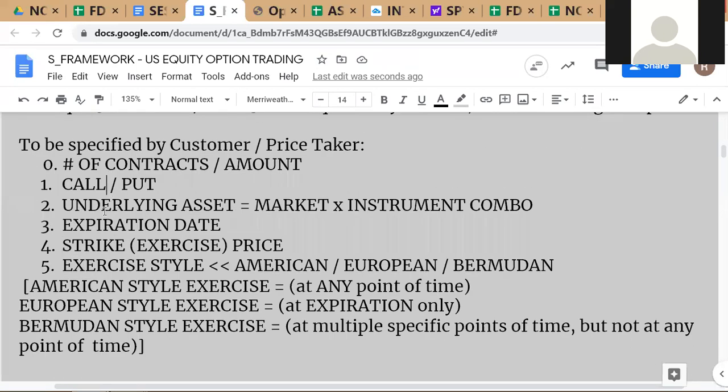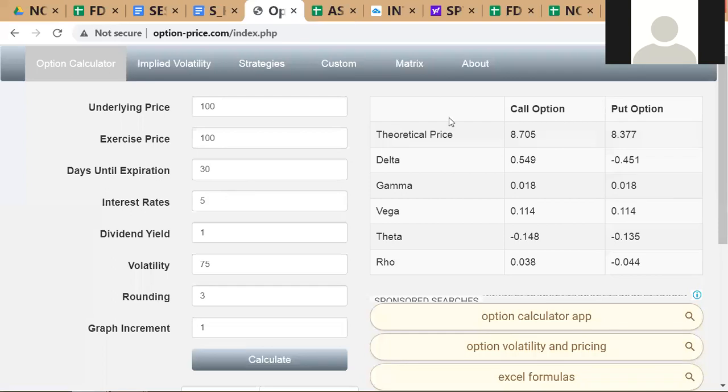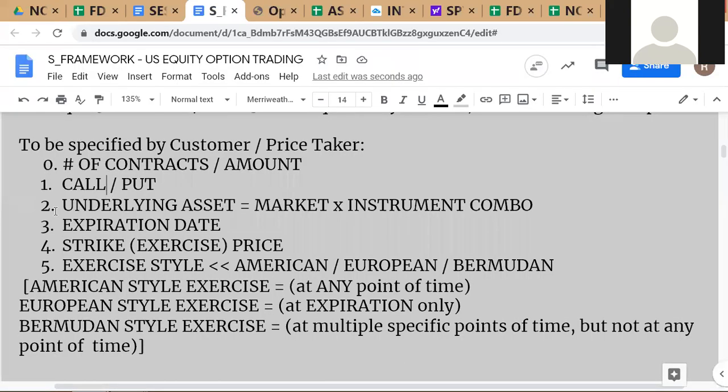You have to tell the market maker whether you want the price for a call or a put, because as you can see, the two prices are different. Call is 8.7, put is 8.4. So it's a different price, and you have to specify if it's a call or a put. You have to specify what the underlying asset is, which means you have to specify a market instrument combination.